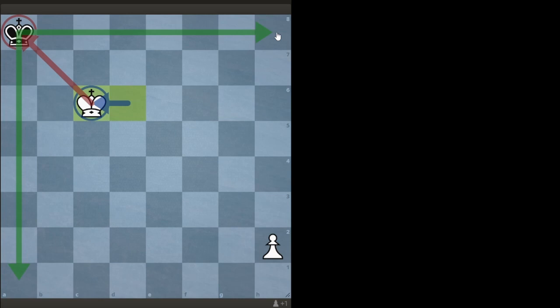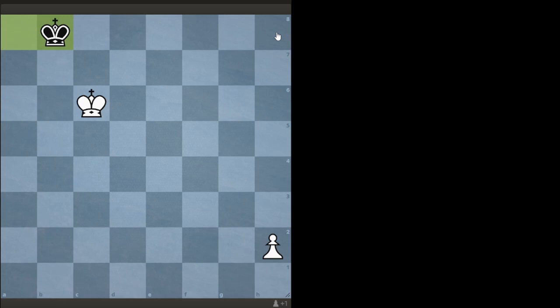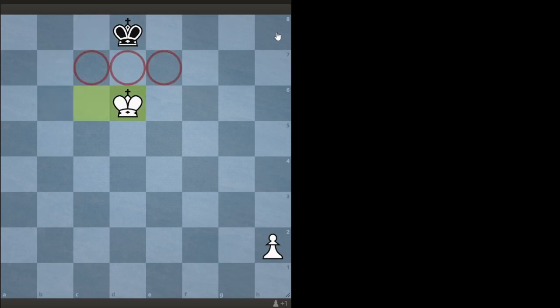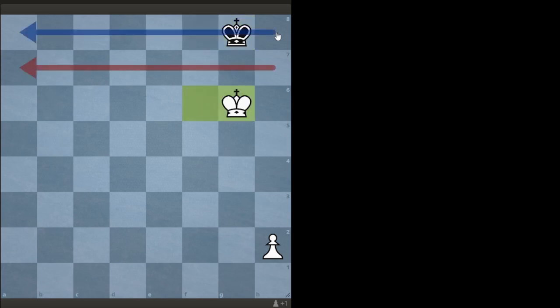After the king chooses to get into the last rank, starting with the b8 square, white king gets the opposition. Again, if the king tries to get through the 7th rank, white king says no, access denied. And now, as you can see, with the blue arrow I highlighted the possible squares of the black king.